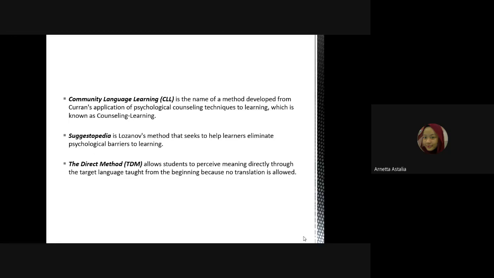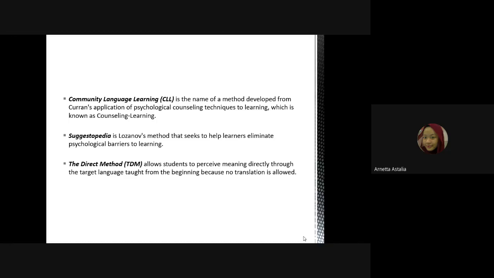The next is the direct method, TDM, which allows students to perceive meaning directly through the target language taught from the beginning because no translation is allowed. Visual aids and learning materials are used to clarify the meaning of the vocabulary items and concepts in real-life language.